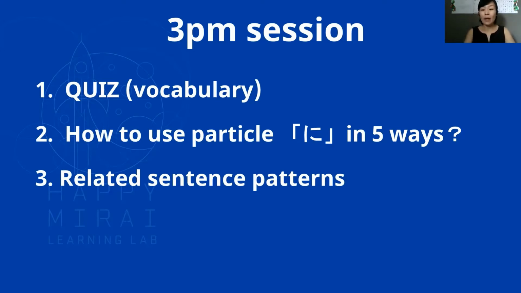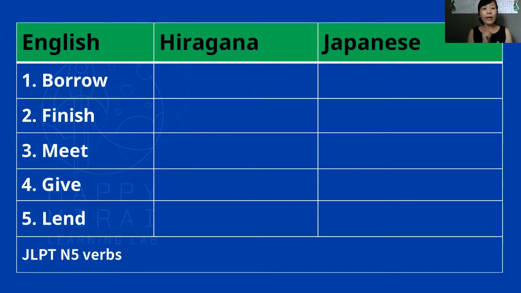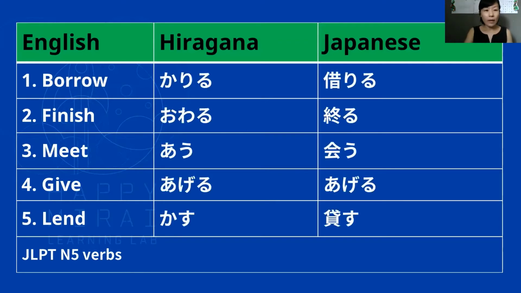いいですか? はい。Okay, so first, let's do the N5 verb quiz. Do you remember those 5 words on the screen? Alright, so number 1, borrow, 借りる.